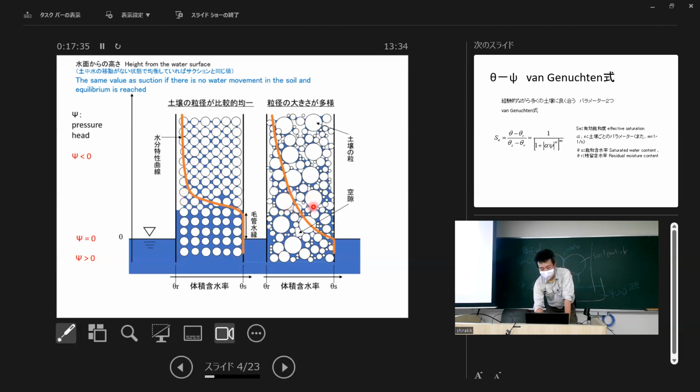But here you can see very various soil particles, so the pore size is also various.